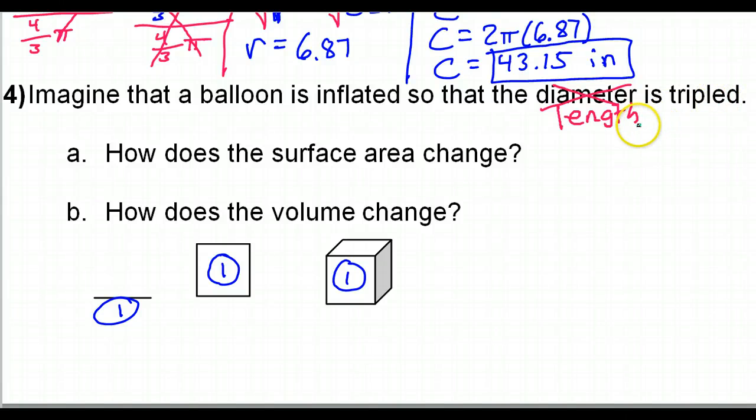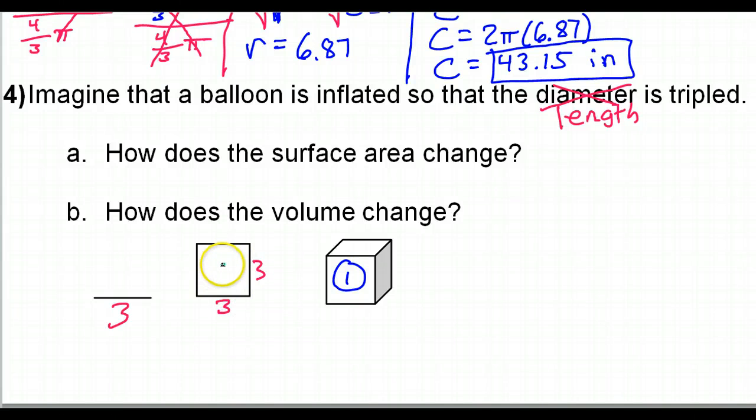That's what matters. So if the length is tripled, that means it used to be a 1, and guess what? It's tripled, so now it's a 3. But if that's a 3, then this is not going to be a 1 anymore. This is also going to be a 3 because all the lengths are tripled. But if these lengths are tripled, now the area won't be 1 anymore.